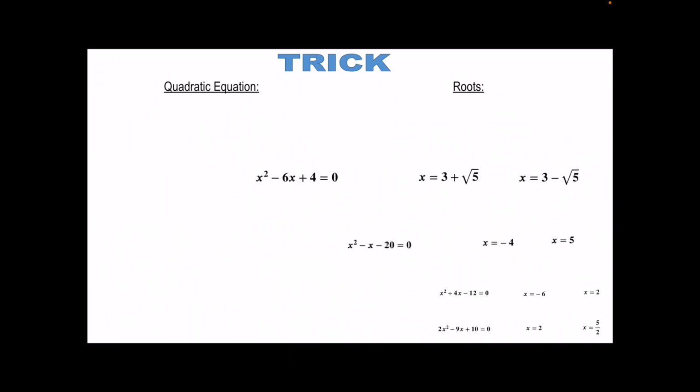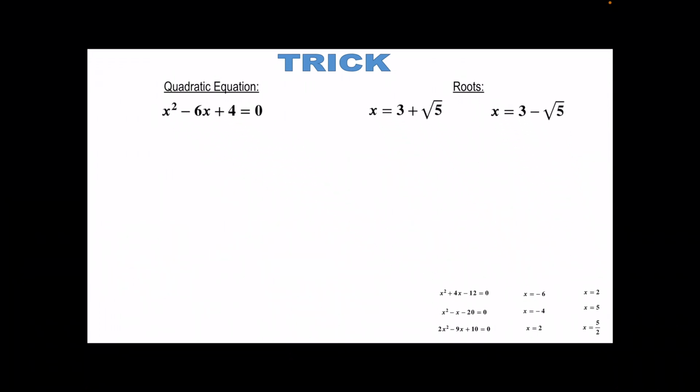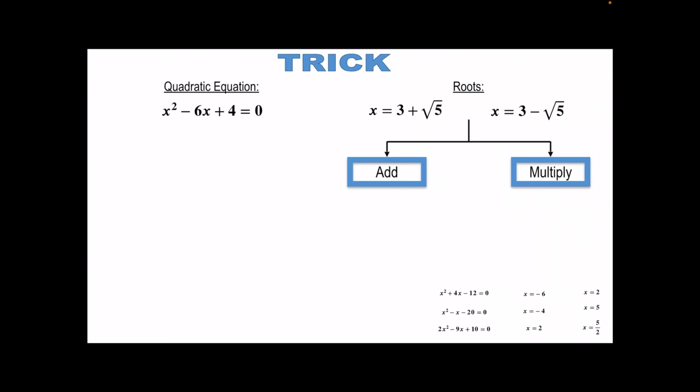Now let us check if the roots are irrational. Again we follow the same process. We find the sum and the product of the roots. The sum over here is 3 plus root 5 plus 3 minus root 5, which gives 6, and the product is obtained by using the identity of a squared minus b squared, that gives 9 minus 5, that is 4.